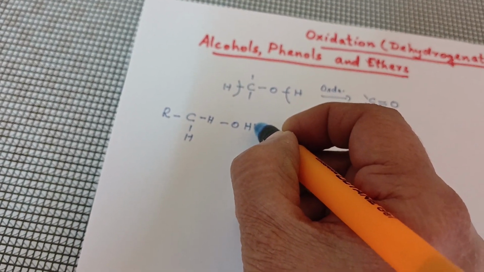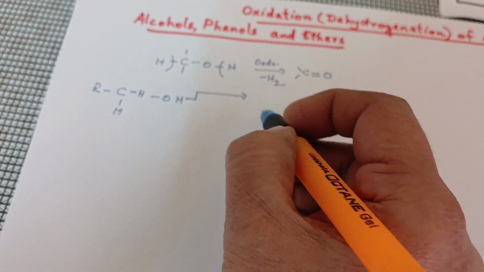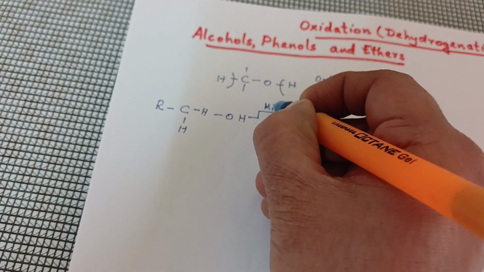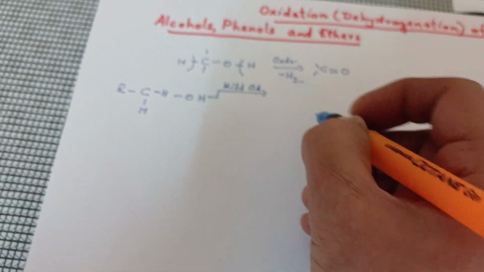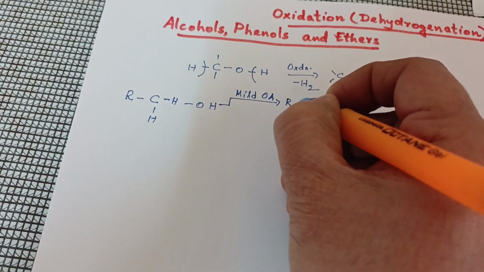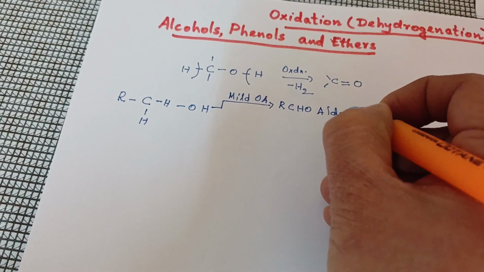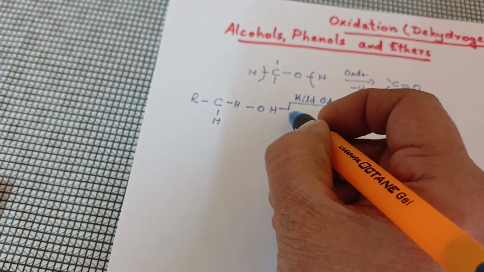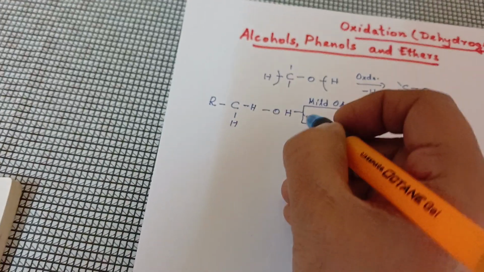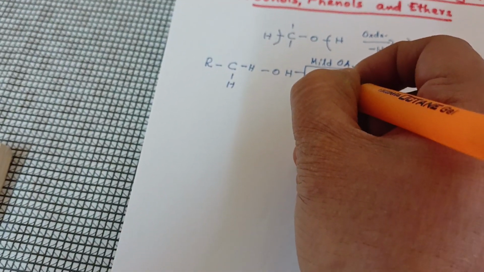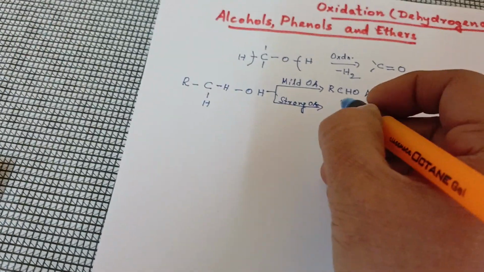This with the action of a mild oxidizing agent, you will get an aldehyde, RCHO. An aldehyde is obtained. Whereas if you are using a strong oxidizing agent, you will get a carboxylic acid.